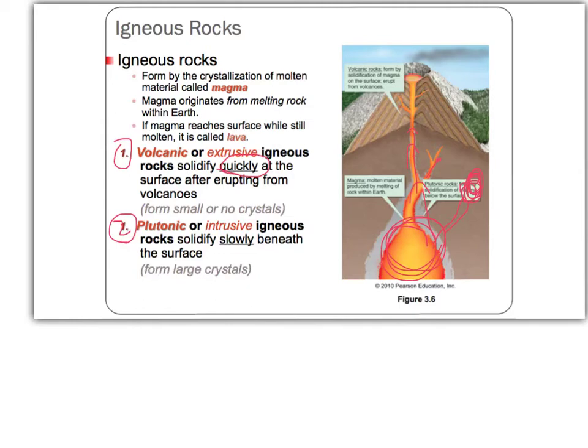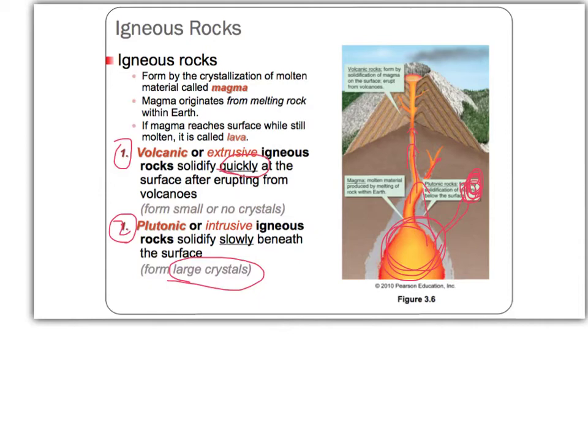Okay, so these rocks are going to crystallize more slowly, which means that you have more time for larger crystals to form. And so plutonic rocks tend to have a more obvious crystalline structure to them, whereas lavas that solidify at the surface tend to cool very quickly and they don't have that obvious crystalline structure.